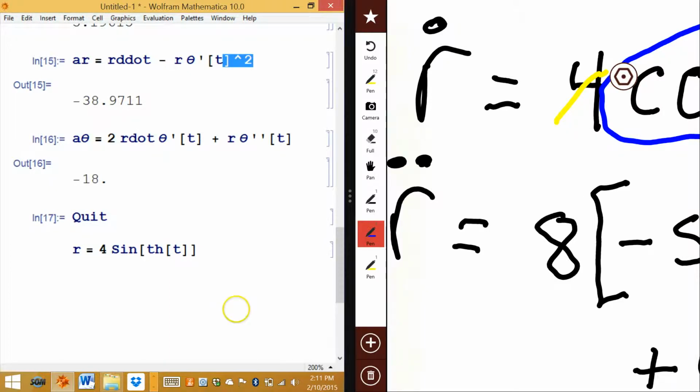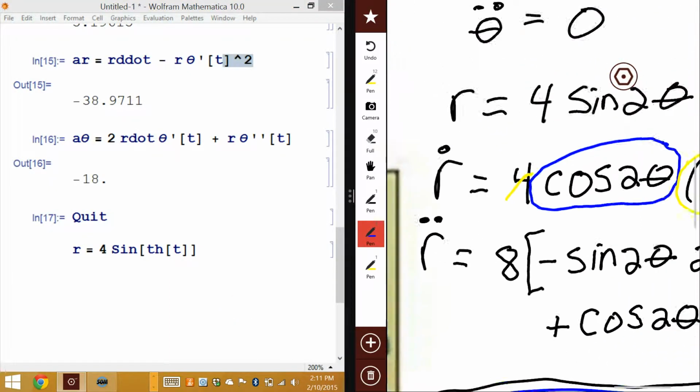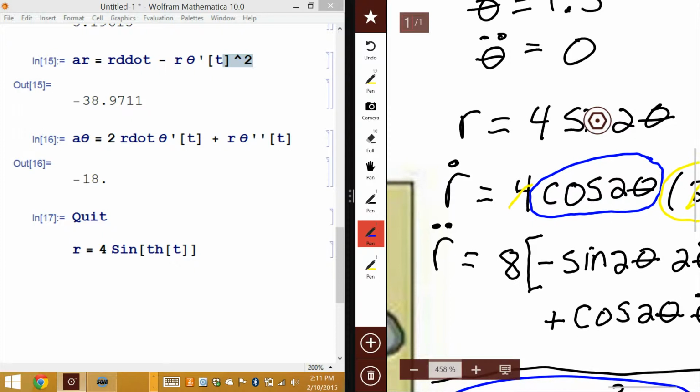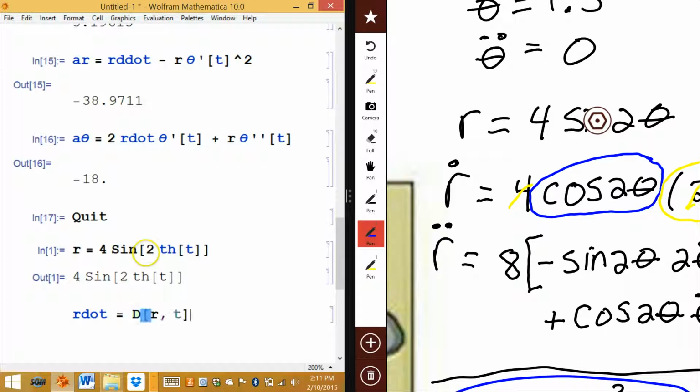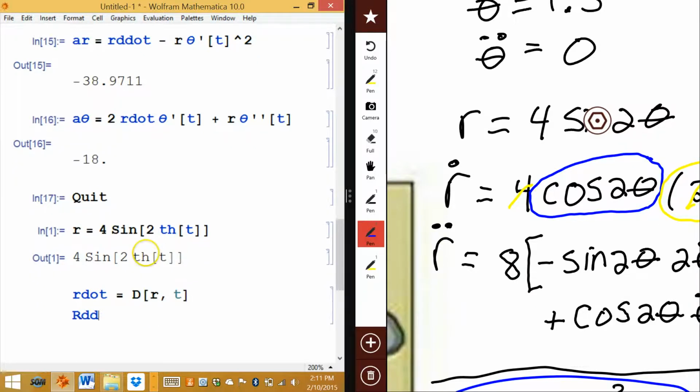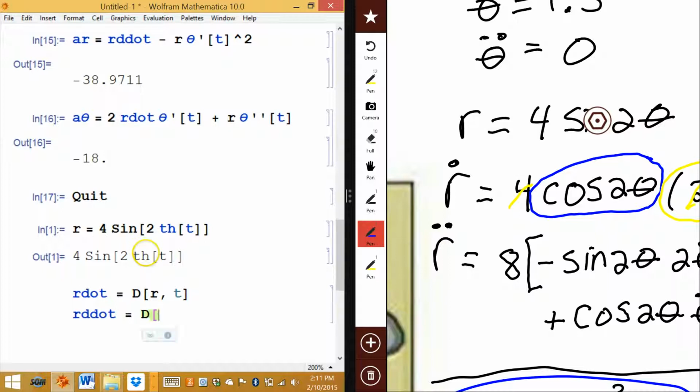I believe that's right. Yeah, no, sine of 2 theta. Sine of 2 times theta. And then r dot is equal to the derivative of r with respect to time. R double dot is the second derivative of r with respect to time.